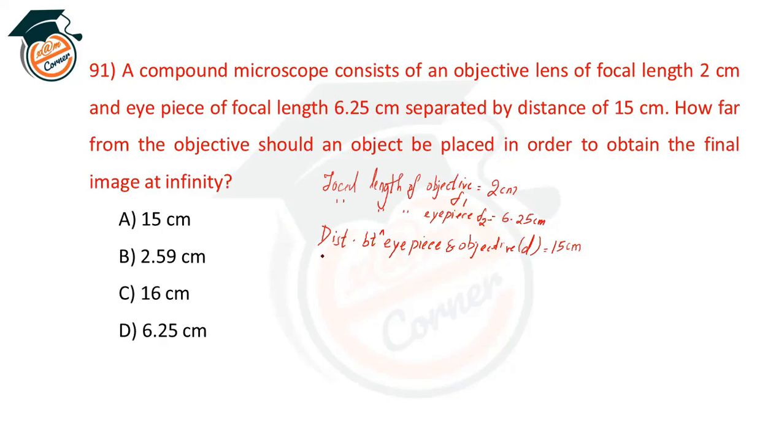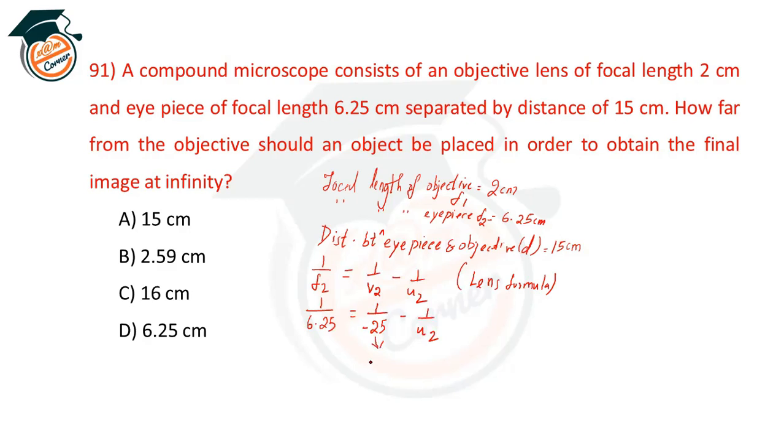So according to the lens formula, we have 1 by f2 is equal to 1 by v2 minus 1 by u2. This is the lens formula. So we can write 1 by 6.25 equals 1 by minus 25 minus 1 by u2.